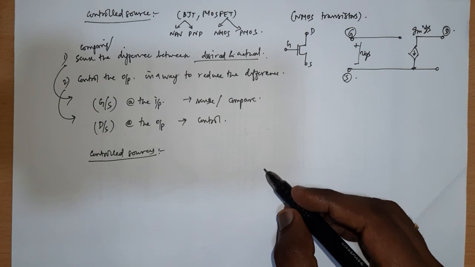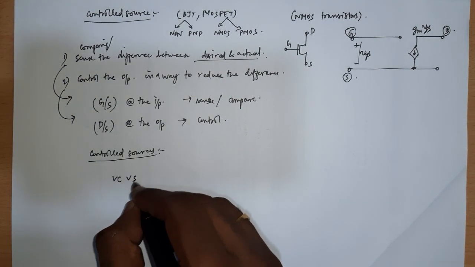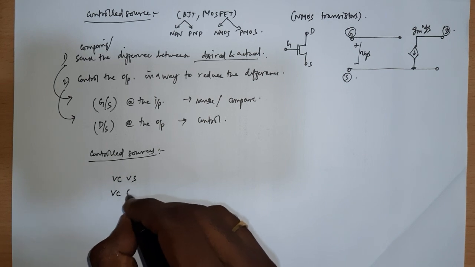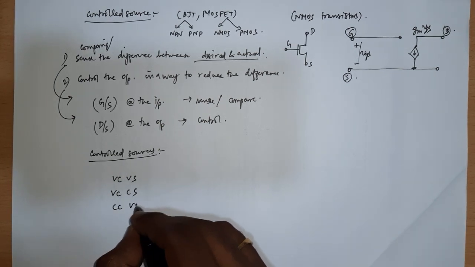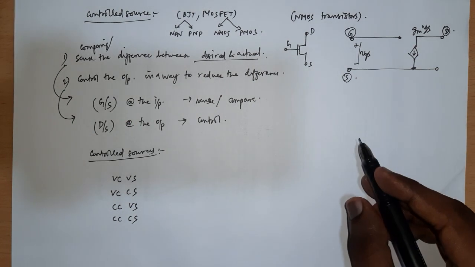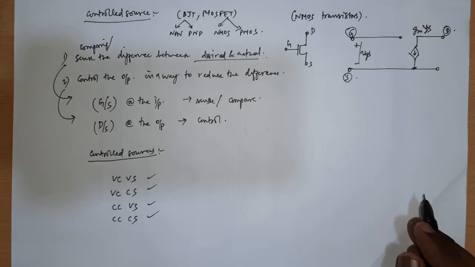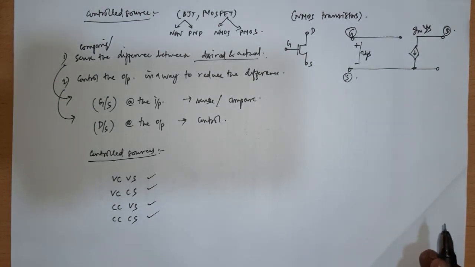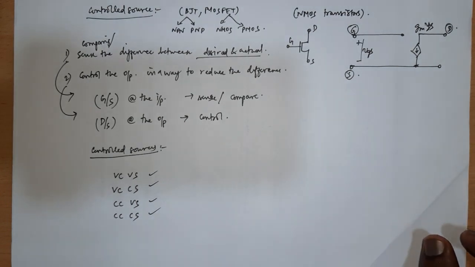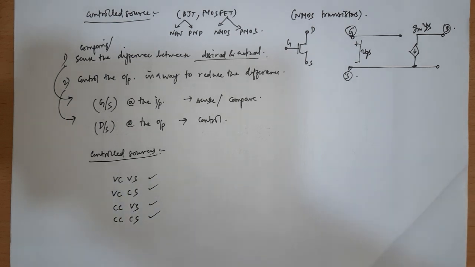In this way you can construct what are called voltage control voltage source, voltage control current source, current control voltage source, and current control current source. These are the four sources that you can construct with this MOSFET, and not only MOSFET, using BJT also. We'll see each of these in the next few lectures, so that we'll have a complete idea of what exactly these control sources are and how they are supposed to be constructed.